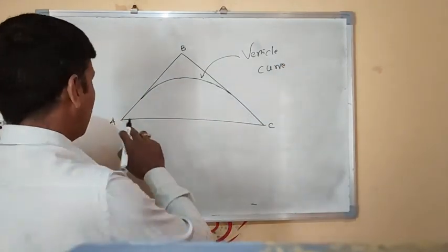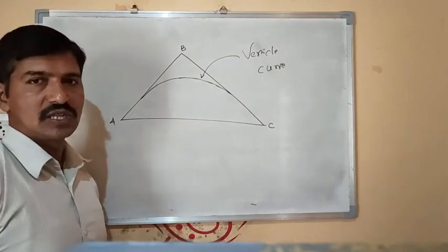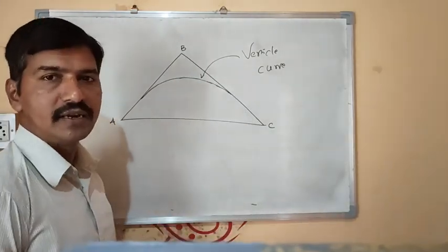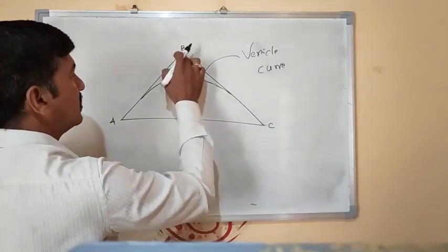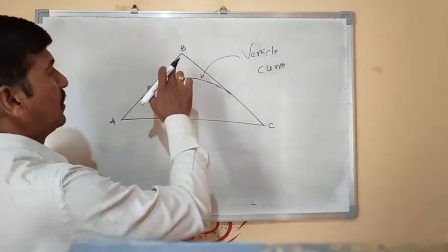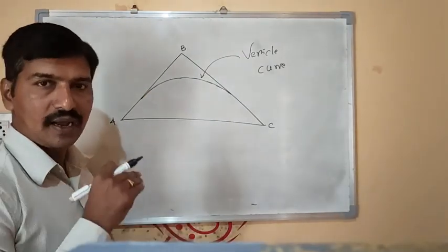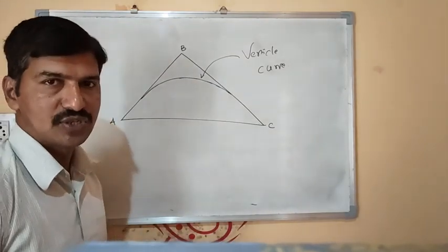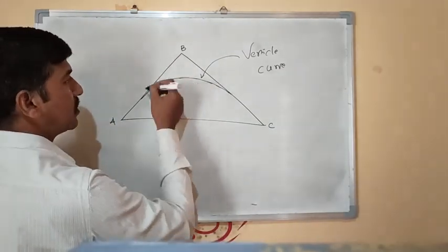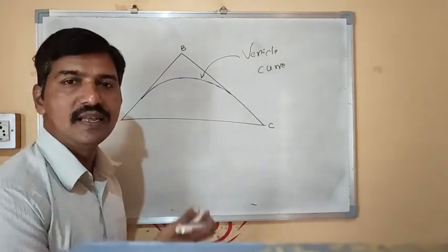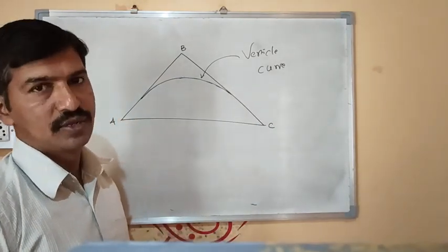Understood, students? AB is the up gradient and BC is the down gradient. Those two gradients meet at the apex point B and form a sharp edge at point B. So it is impossible to drive your vehicle along this sharp edge. We have to round off the apex point in such a way that the vehicle can easily ride without any disturbances.